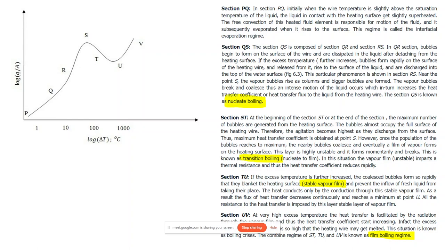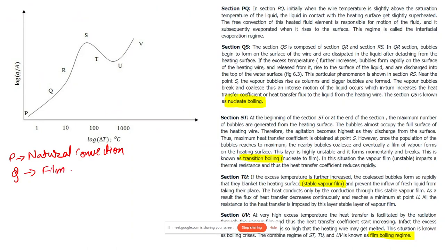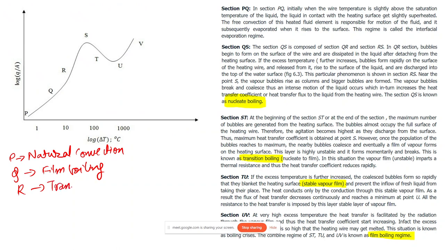So in the given question, P is natural convection, Q is film boiling, R is transition boiling, S is nucleate boiling, and we have to arrange them in the order in which they occur.